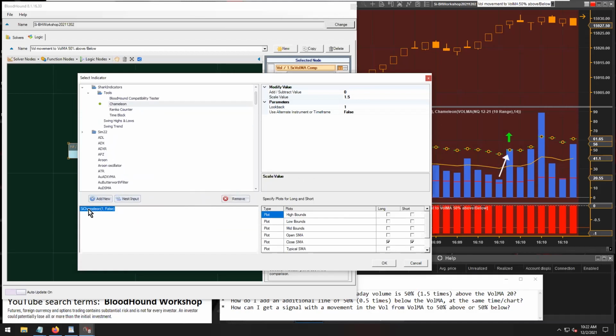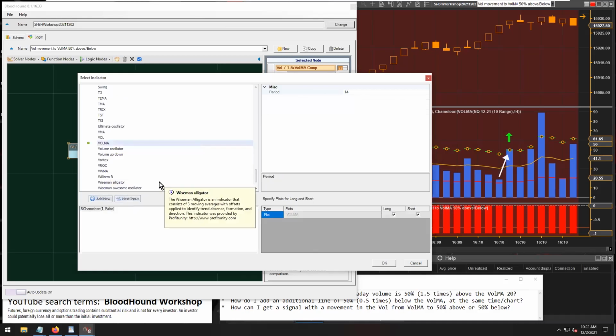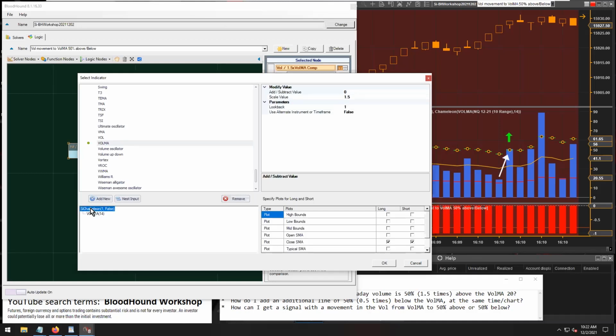So we're going to highlight Chameleon first, and then we're going to scroll down and find the volume MA. There it is. And with a single click, now we can hit the nest input button, like so. There we go. So now we can visually see that the volume MA is now being fed into Chameleon.